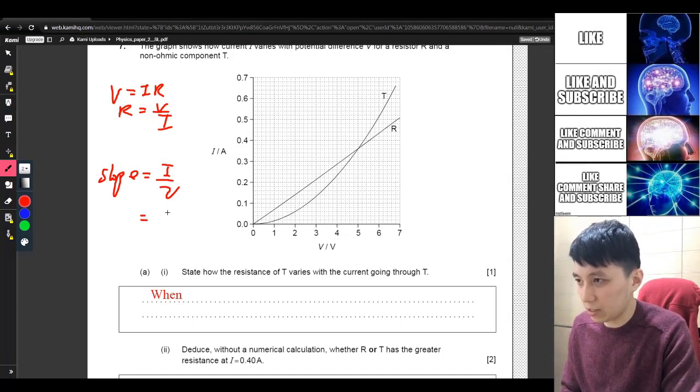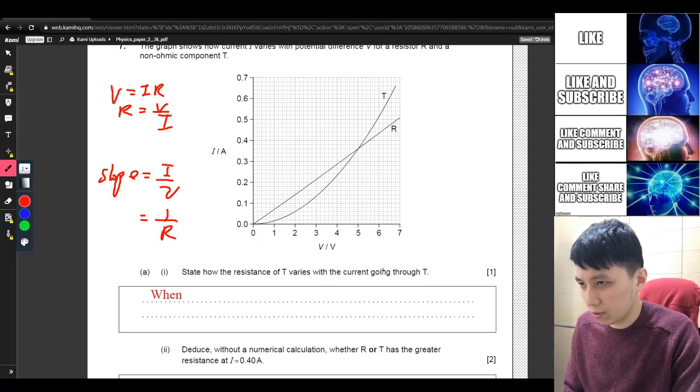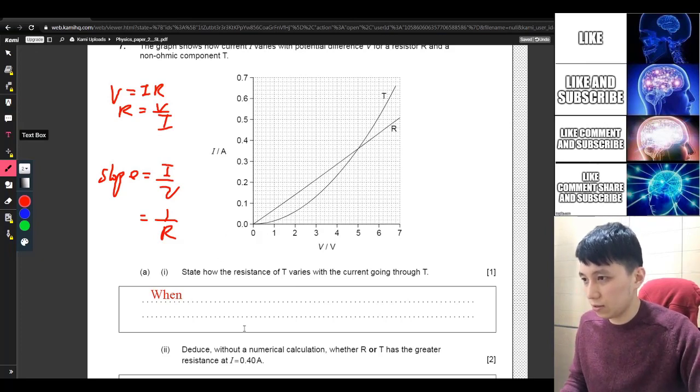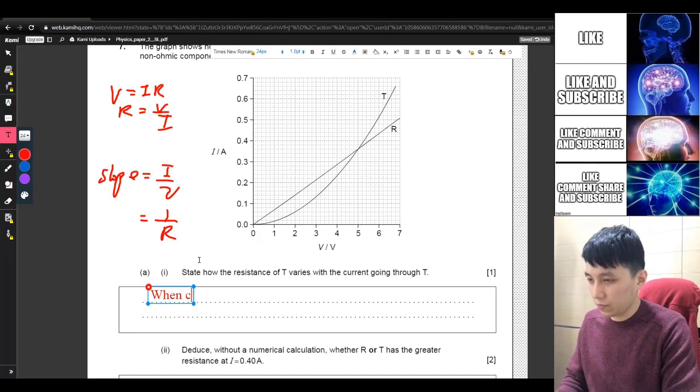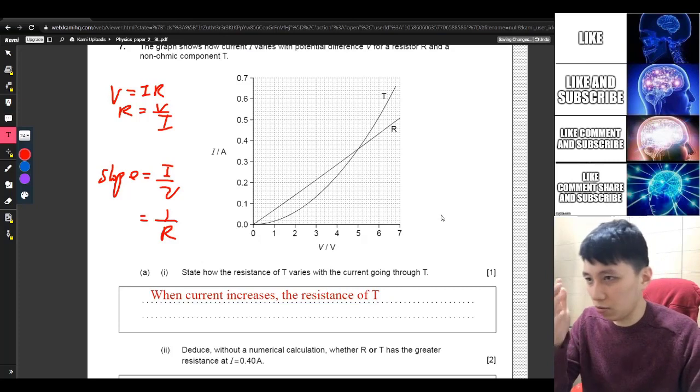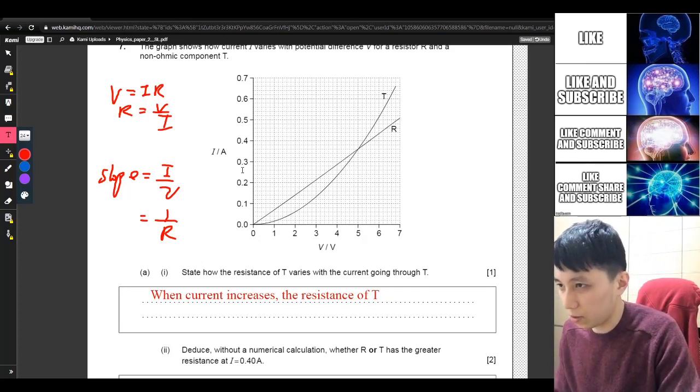All right, or the slope is the inverse of R. So at the very beginning, it varies with the current. Okay, so we have to talk about current, I think. When current increases, obviously, right? When current increases, the resistance of T, okay, either goes higher and higher or smaller, obviously.